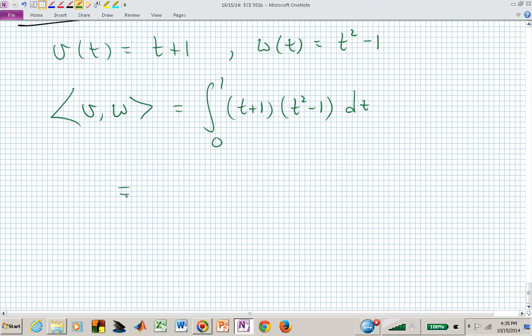And this is why you spend a semester in calculus learning how to integrate. First, we now have to form the product, which isn't too bad with these polynomials. We now have t cubed minus t plus t squared minus 1 dt.